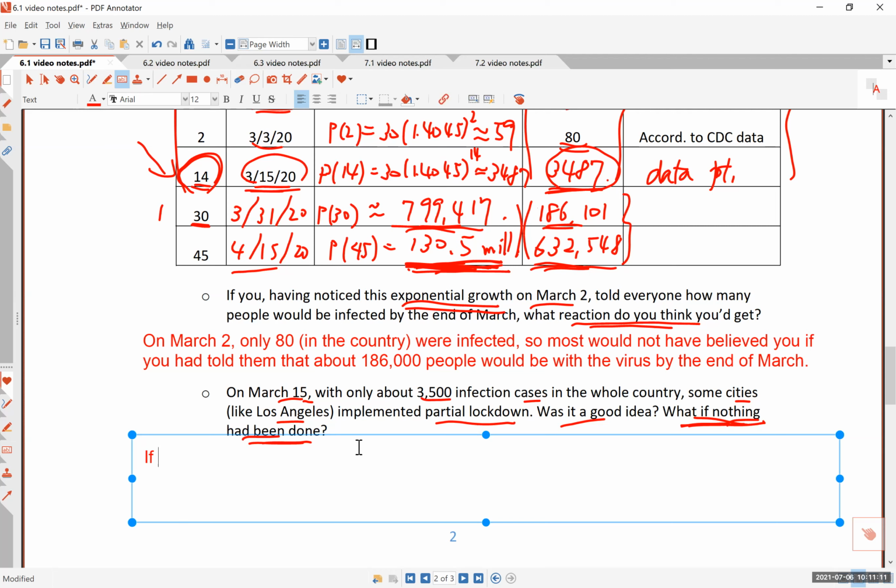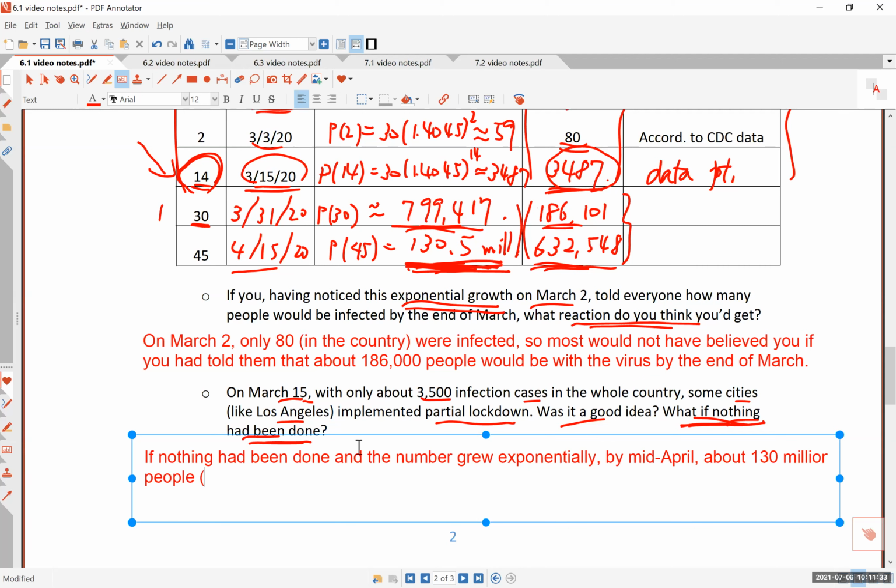But here's the fact: if nothing had been done, and the number continued to grow exponentially, by mid-April, about 130 million people.